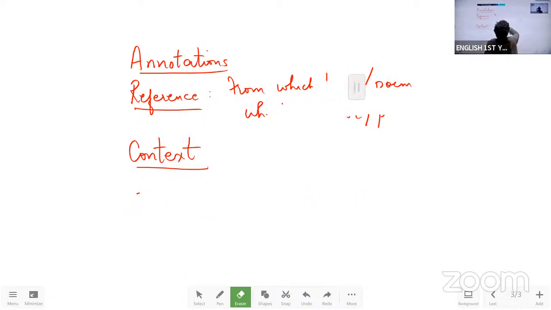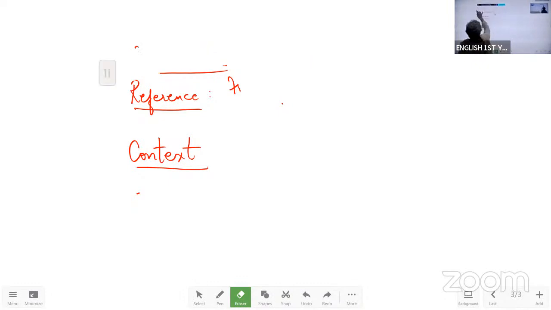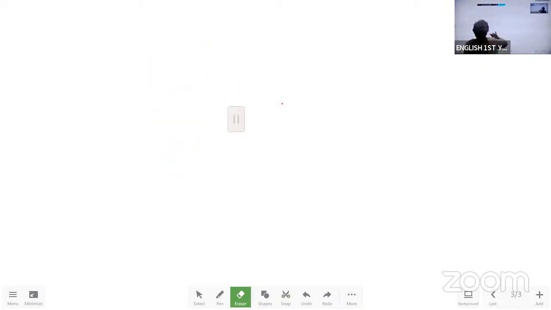When it comes to question and answer, the same thing you can reproduce without any subheadings. So children, remember, annotations, it's better to write with subheading, and if possible, underline the keywords.